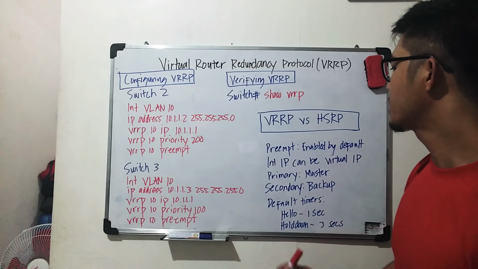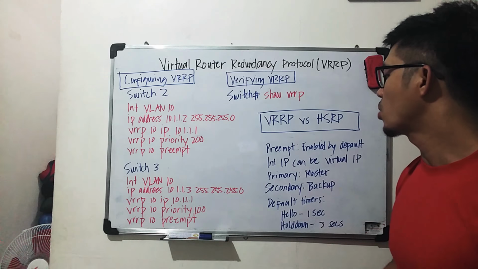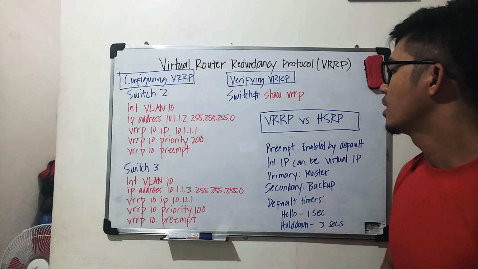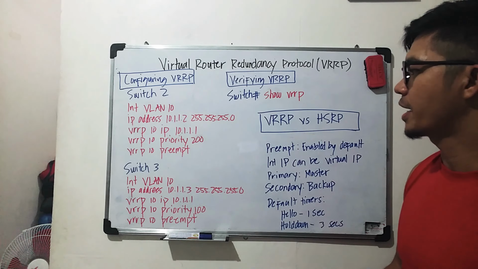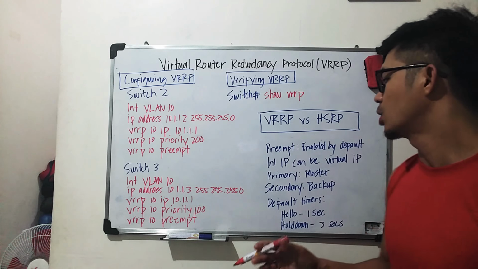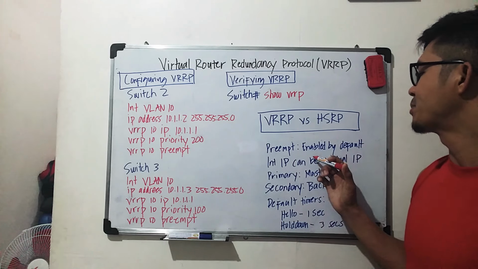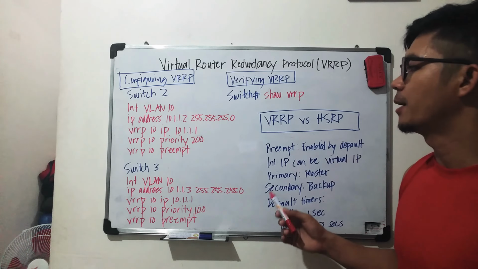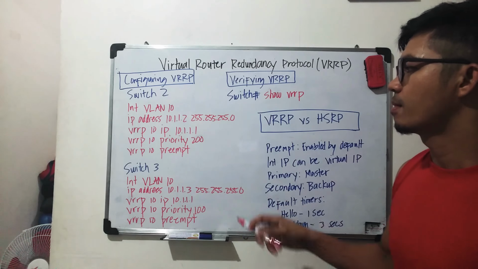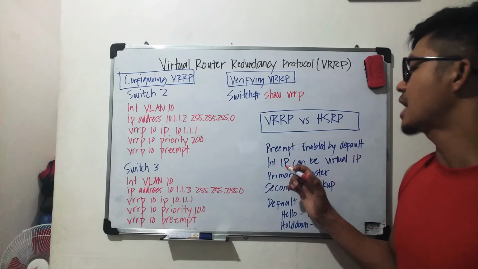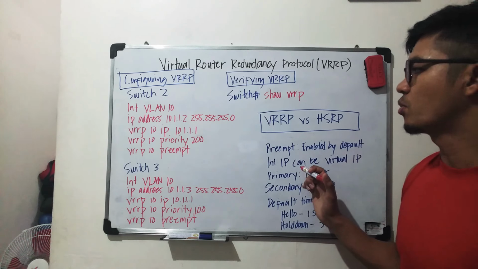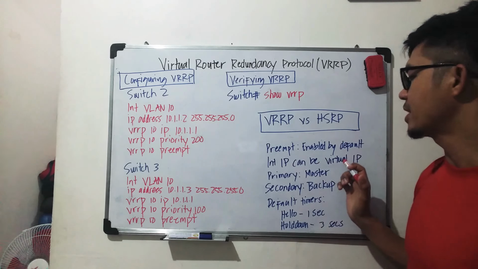So let's compare VRRP to HSRP. Like I said earlier, preempt is enabled by default in VRRP. In VRRP, you can actually use the interface IP as the virtual IP address.